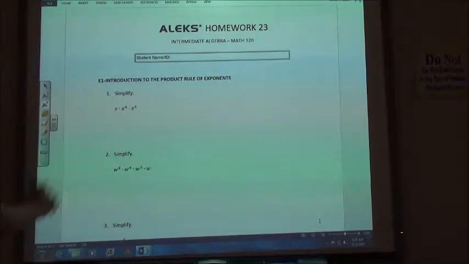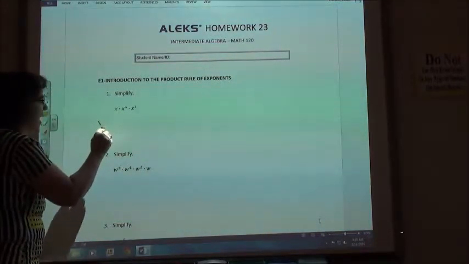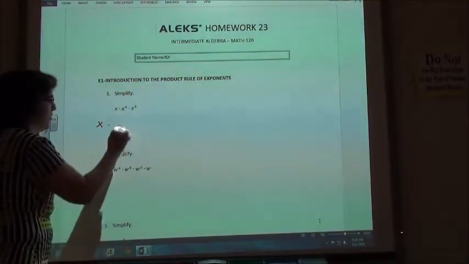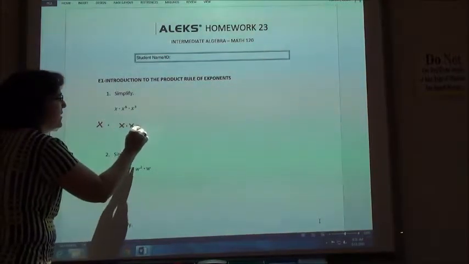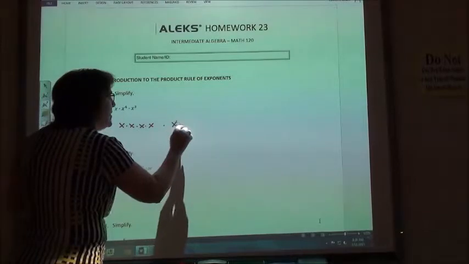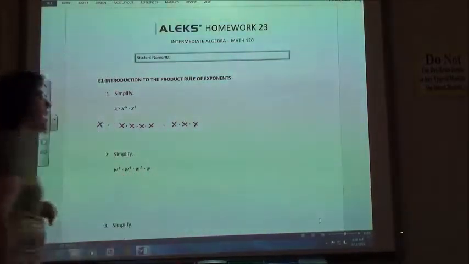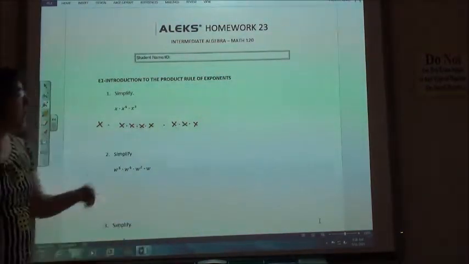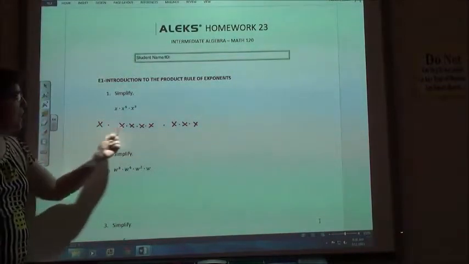So if I expand this whole thing out, I'm going to have x times my x to the fourth, x times x times x times x, times my x to the third, x times x times x. If I follow my rules for exponents, notice that I have all x's.